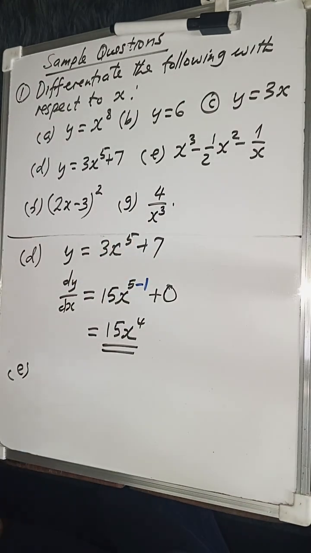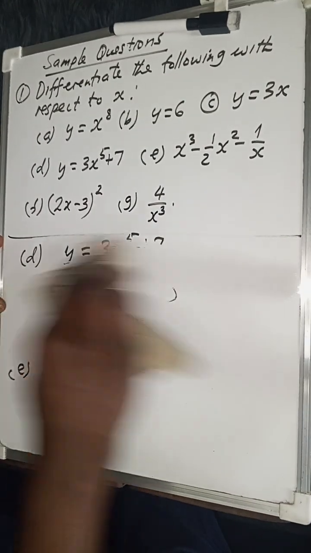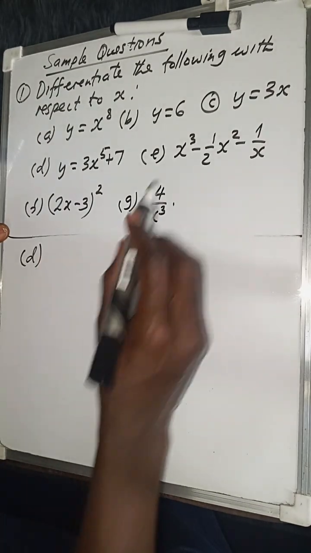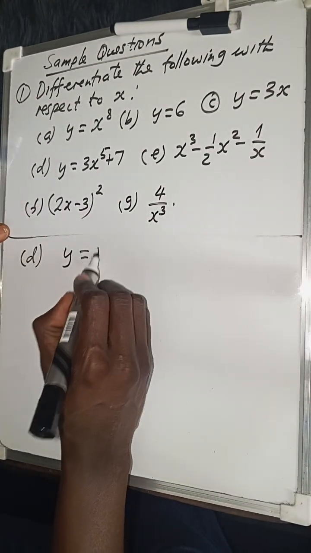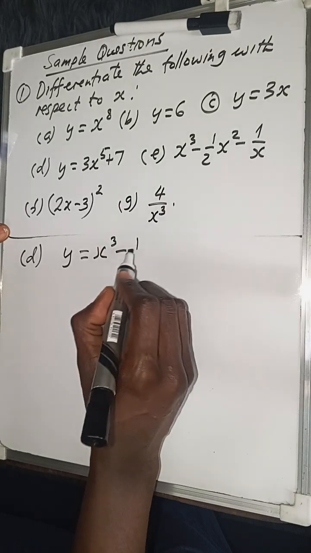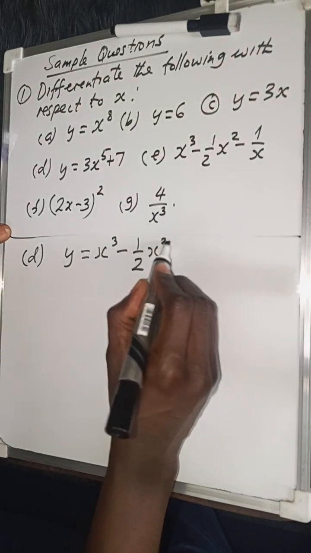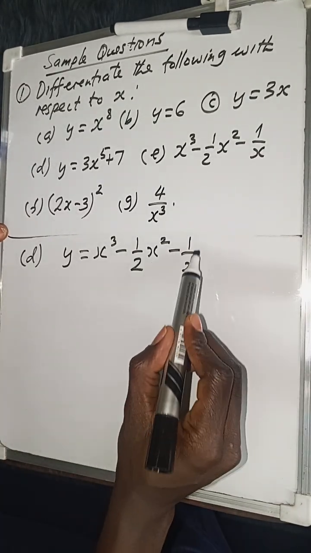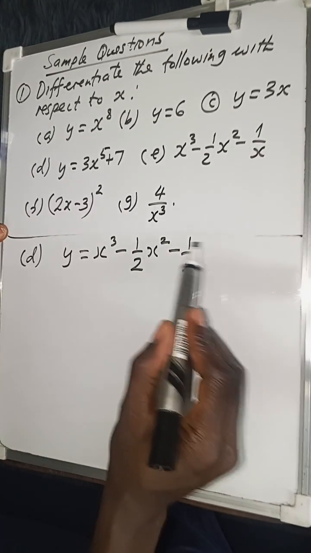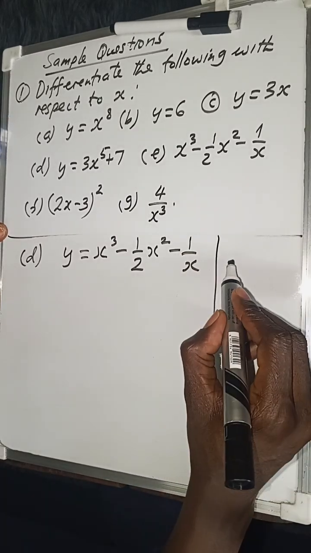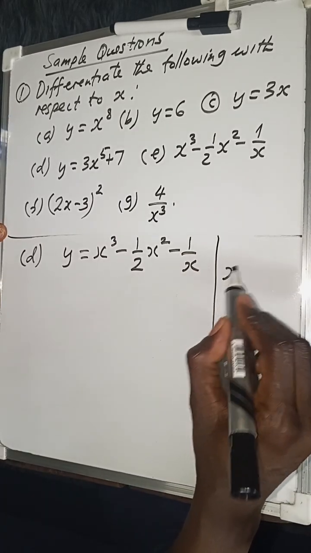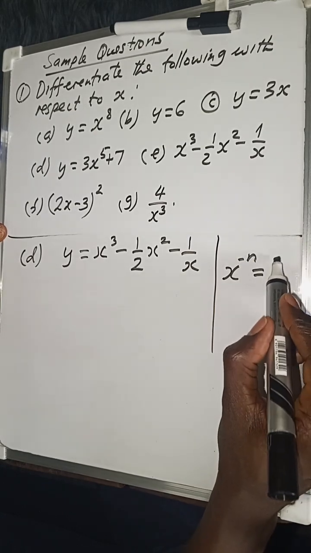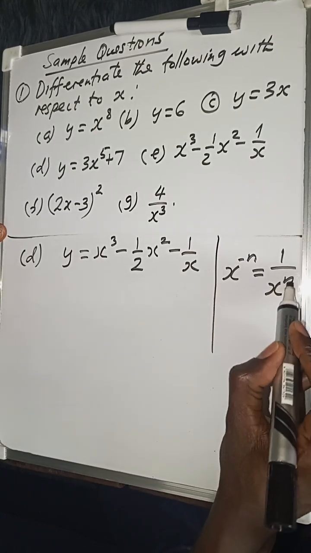E, if you notice that expression, I was interested in it so that you can remember. They have given us y is equal to x to the power 3 minus 1 over 2, x raised to the power 2 minus 1 over x. Now, we did say x raised to negative n can be written as the reciprocal 1 over x raised to the power n.